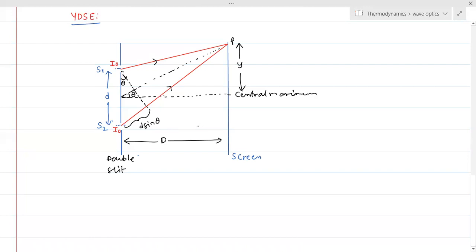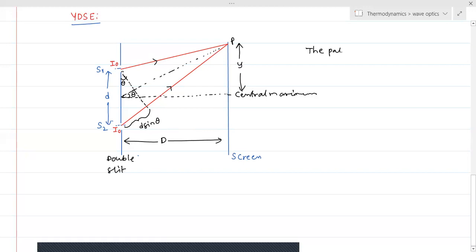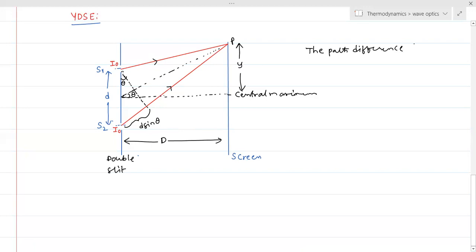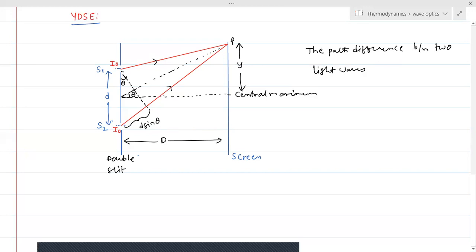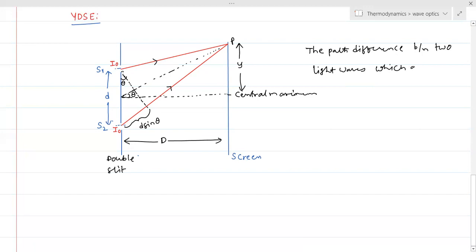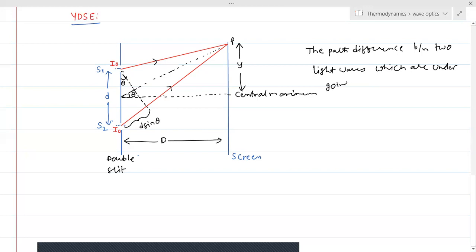First, we are understanding the path difference between the two light waves which are undergoing superposition.